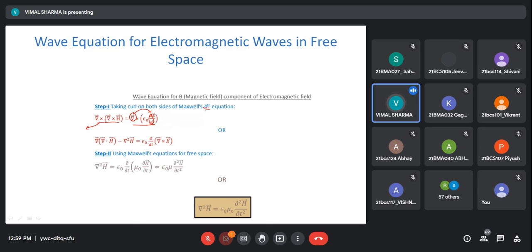So I write epsilon naught d by dt. First I operate with del operator on E, and I get curl of E from my Maxwell's equations, and I know what it is.